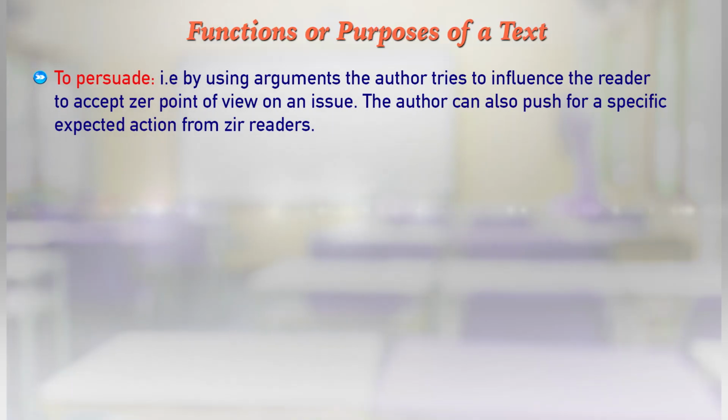The common reasons or goals for writing or speaking that text creators could have are to persuade, that is, by using arguments, the author tries to influence the reader to accept their point of view on an issue. The author can also push for a specific expected action from the readers.